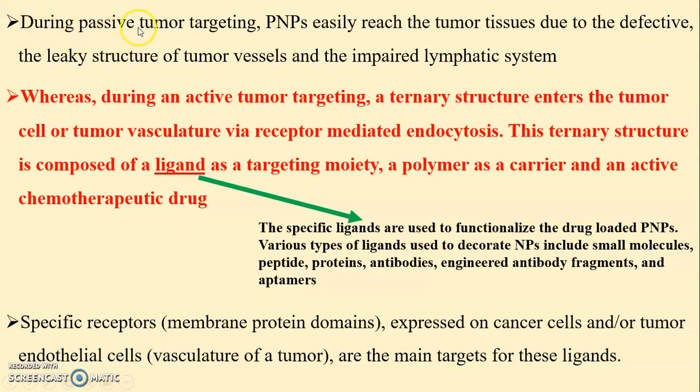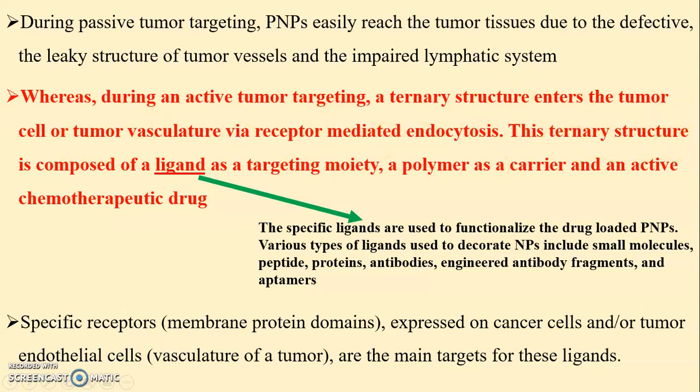During passive tumor targeting, the PNPs easily reach the tumor cells due to the defective leaky structure of the tumor vasculature and impaired lymphatic system. We have already discussed the enhanced permeation and retention effect, whereas during active tumor targeting, a ternary structure enters the tumor cells or tumor vasculature via receptor mediated endocytosis.